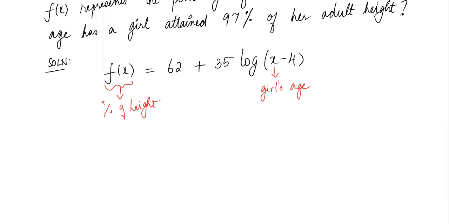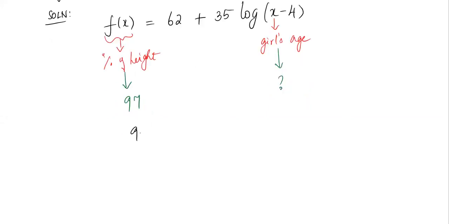Now, f of x is already the percentage of the adult height, so that is given to be 97, and we're asked to find the x, the age, when she will attain 97%. So once you have identified what goes where, then it's a breeze as soon as you plug those values in. Okay, you have to solve for x, but remember, your x is kind of trapped in the argument.